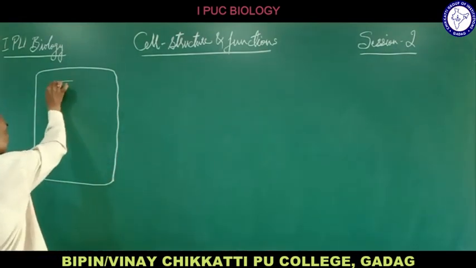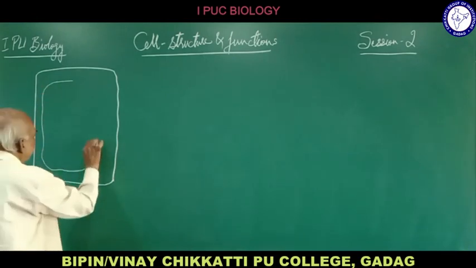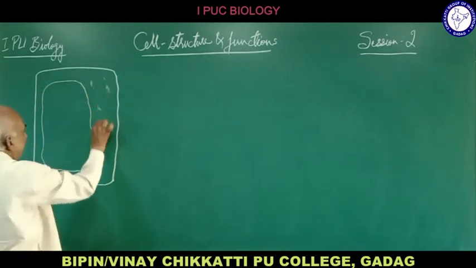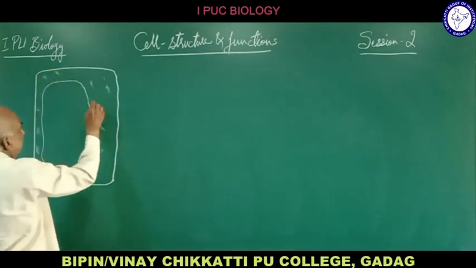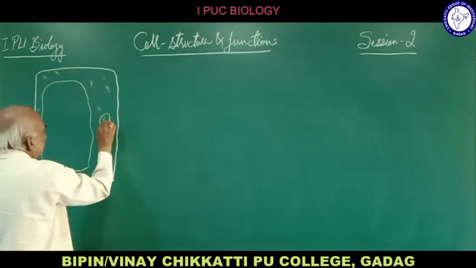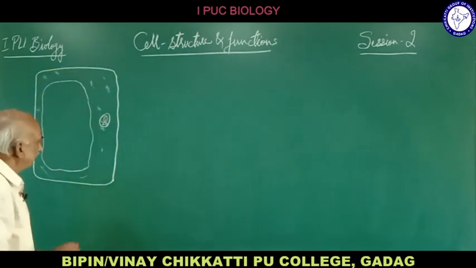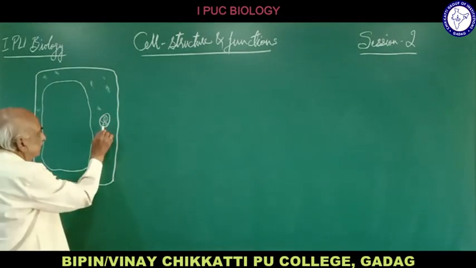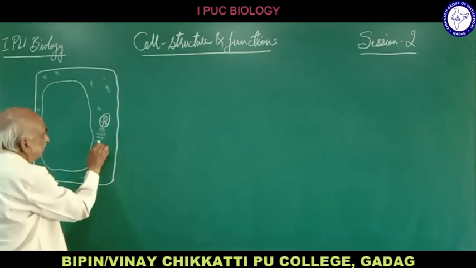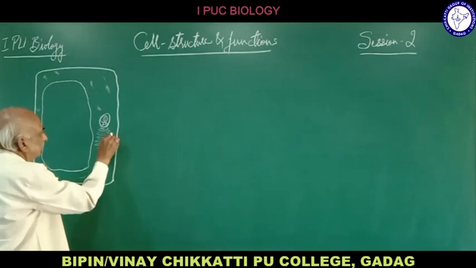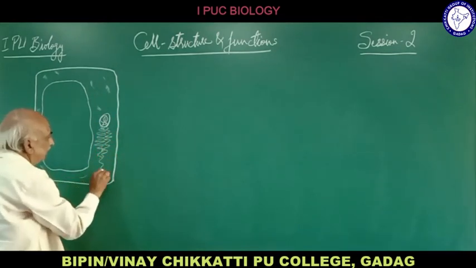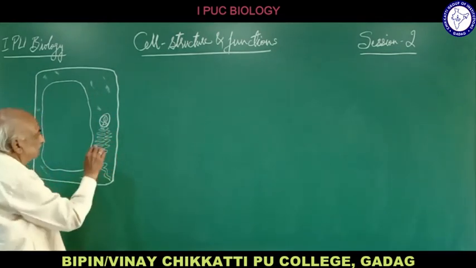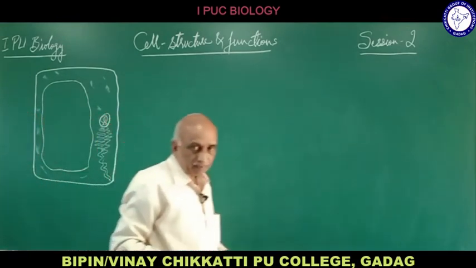Suppose you take this as the plant cell, there is a large vacuole and this is the nucleus, and in addition to the nucleus there is the endoplasmic reticulum, which forms a network of membranes in the cytoplasm.